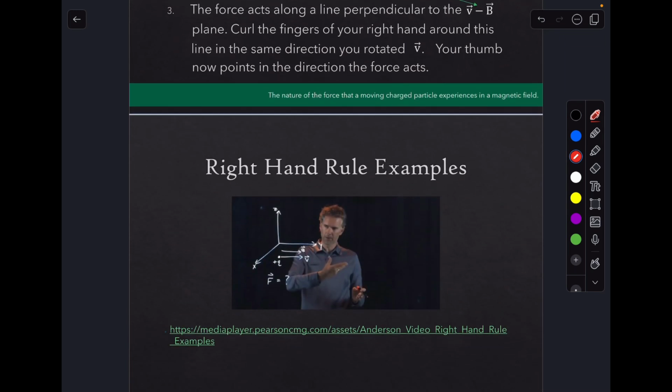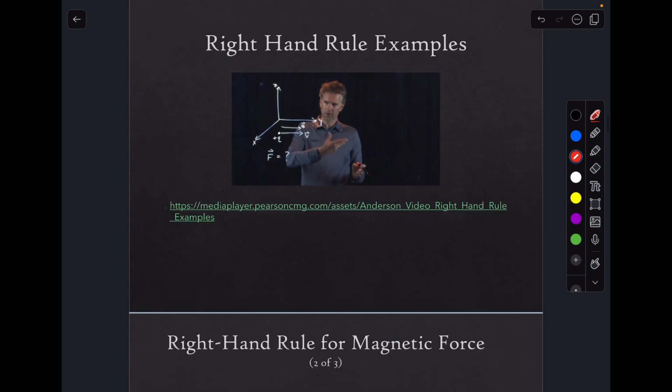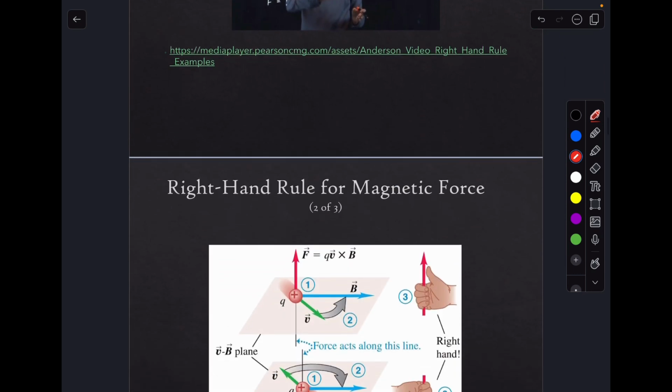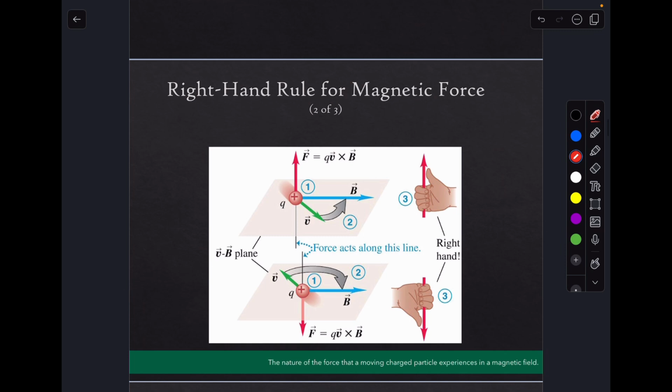Check out this video to see the hands moving, since you can't see my hands right now. Here are some hands; see if that helps you visualize this. The fingers are curling from V to B, and to do that, your thumb would need to point up.